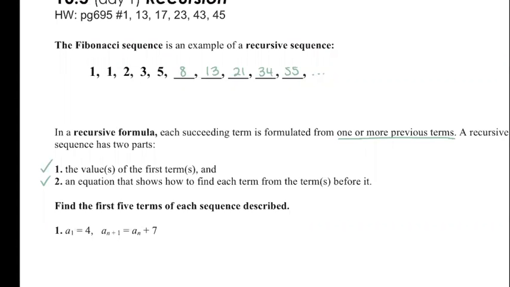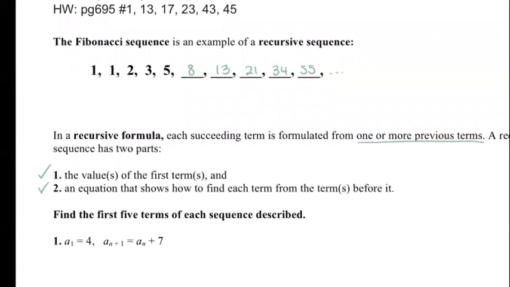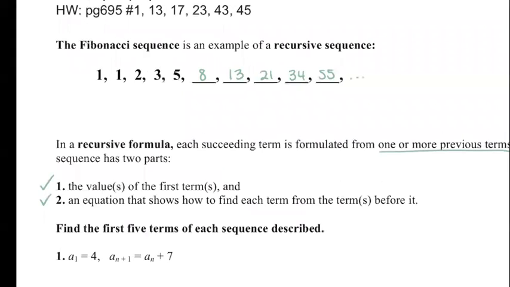So for example, if I were to write the Fibonacci sequence in the form of a formula, I would write it like this: A sub 1 is 1, that's the first term. A sub 2 is also 1.